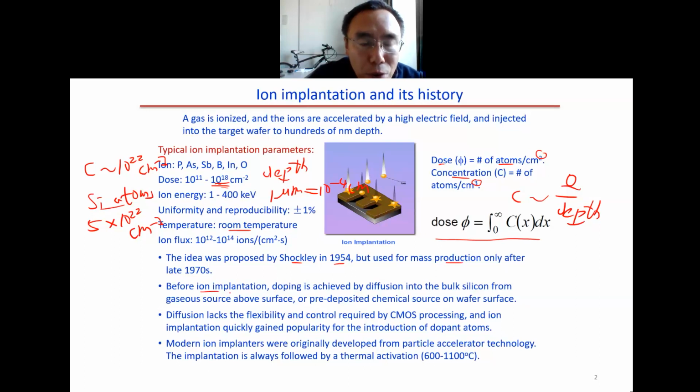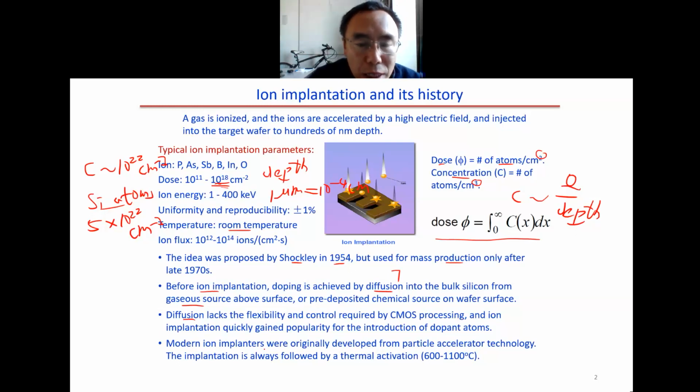Before ion implantation, the doping was done by diffusion doping, as we learned from Chapter 7. This includes diffusion from the gas source above the surface or a predeposited chemical source on the wafer surface. But diffusion lacks the flexibility and the control needed for the CMOS process, so ion implantation gained popularity.